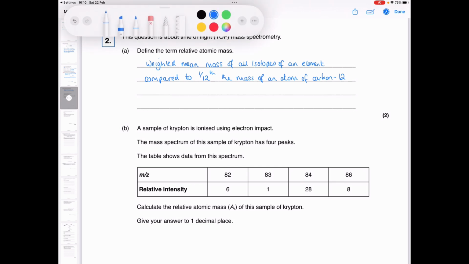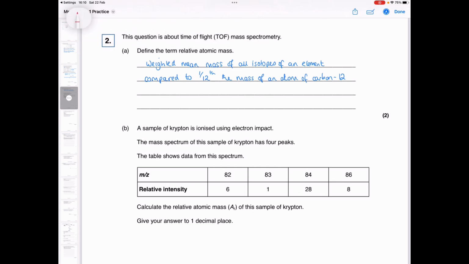When that's being marked, the first mark is going to be for the weighted mean mass of all the isotopes of an element, and the second mark is for compared to 1/12 the mass of an atom of carbon-12. Next part, a sample of krypton is ionised using electron impact.